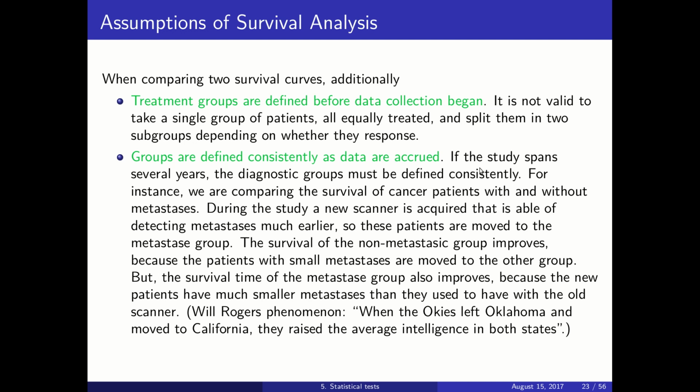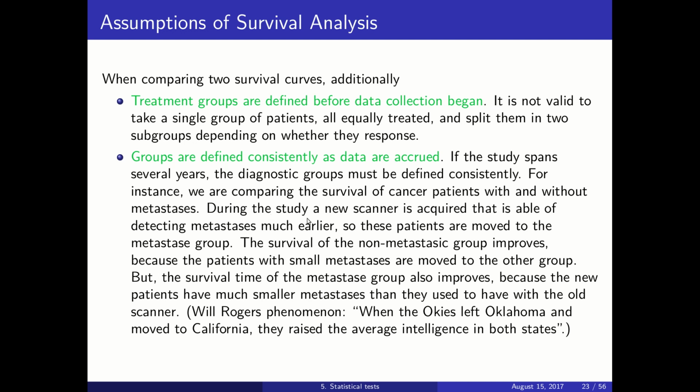At the beginning we may think that this assumption is easy to meet, but let's consider the following example. Let's say that our study spans several years, and the diagnostic groups must be defined consistently. For instance, we are comparing the survival of cancer patients with and without metastasis.